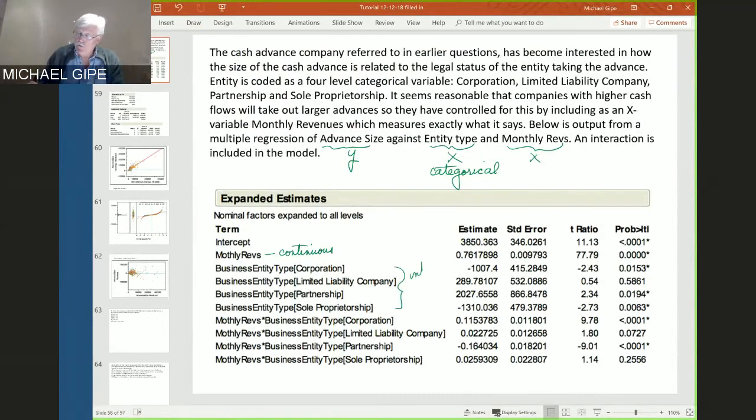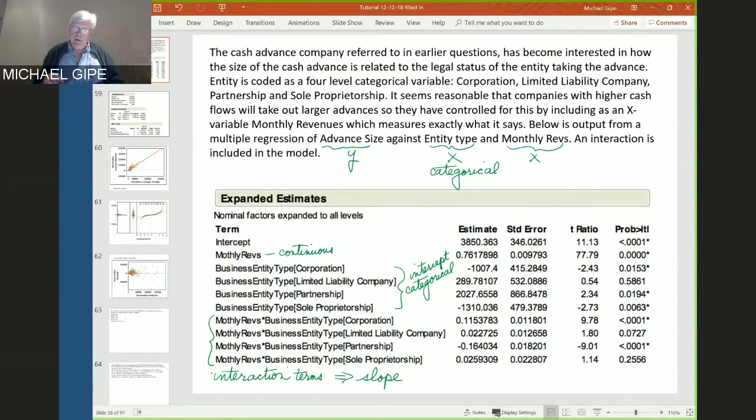It's an intercept categorical, so it moves the regression in a parallel fashion. And these 4 are the interaction terms. And they impact the slope of the model, changing the slope of monthly revs to be larger or smaller.